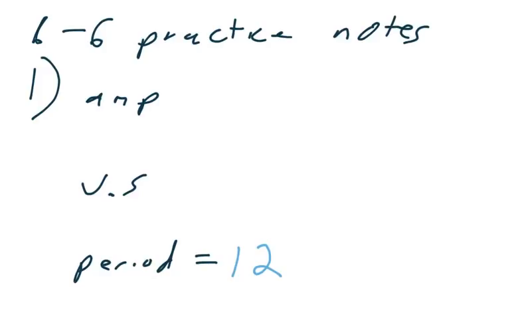Now, the vertical shift. I'm looking for the minimum number and the maximum number. So the minimum number is 32 in January, and the maximum is going to be 77 degrees in July. And when I take the average of those two, we get the vertical shift.